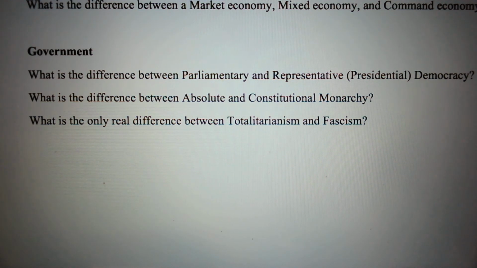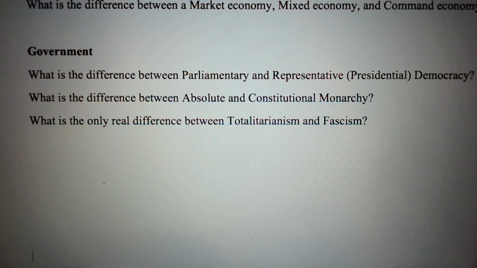What is the difference between absolute and constitutional monarchy? If you remember, first of all, monarchy means that the leader of the country gets their power because their parents had that power before them. So their power is inherited. They don't get it because they were voted in or because someone selected them from a group of candidates.